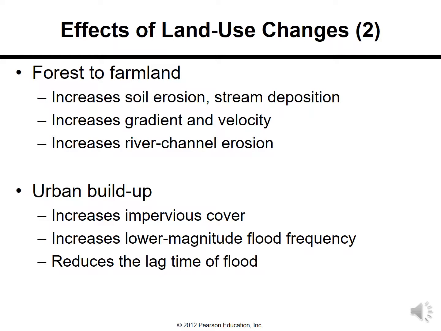Then urban buildup, especially forming impermeable covers like concrete, so there's no way that water can percolate through. That's going to be a huge problem. The water then accumulates on the surface, and that can cause a lot of erosion, and also increases lower magnitude flood frequency and reduces the lag time of flood.